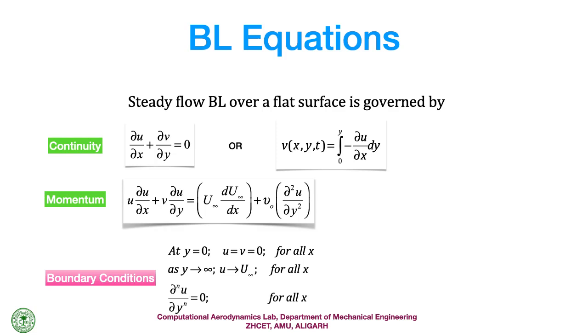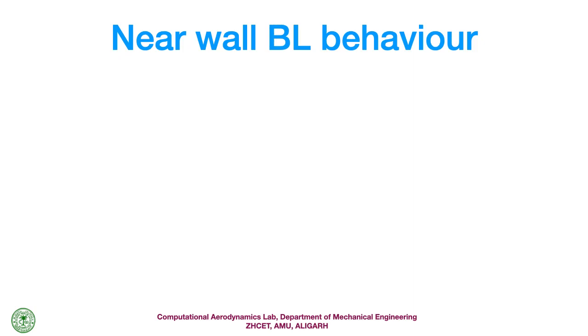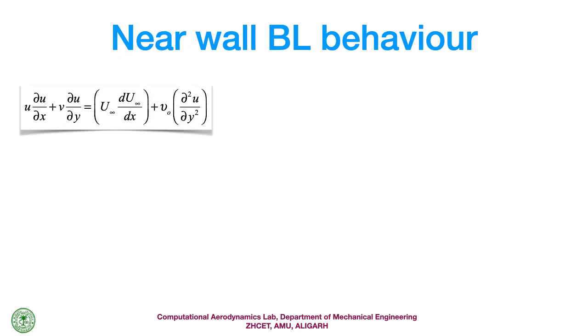Now, from these equations, I will try to extract the near-wall behavior of the boundary layer flow. So let us start with the momentum equation. The momentum equation is basically u ∂u/∂x plus v ∂u/∂y plus u infinity term. Now u infinity can be a function of x, or it may not be a function of x.